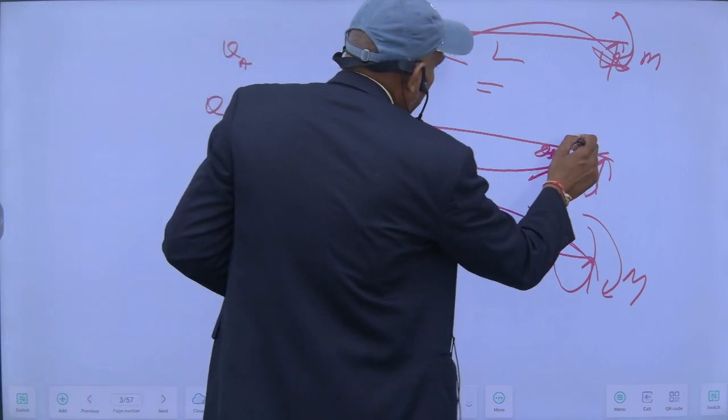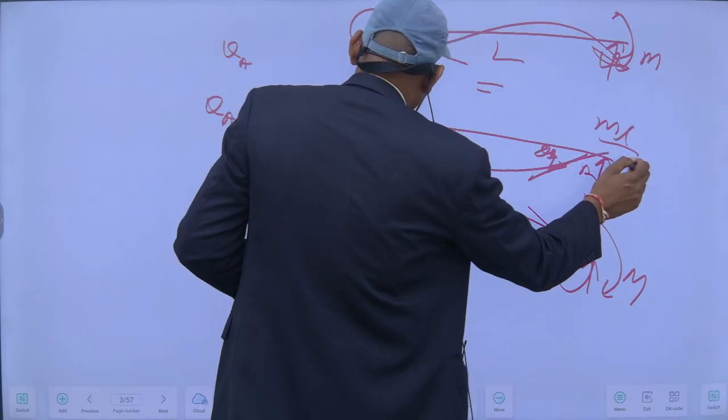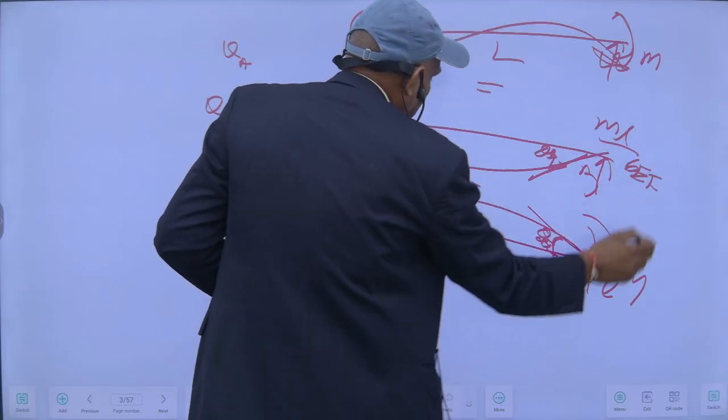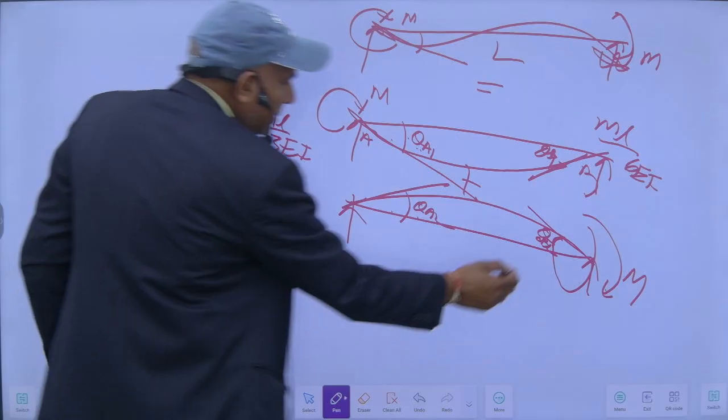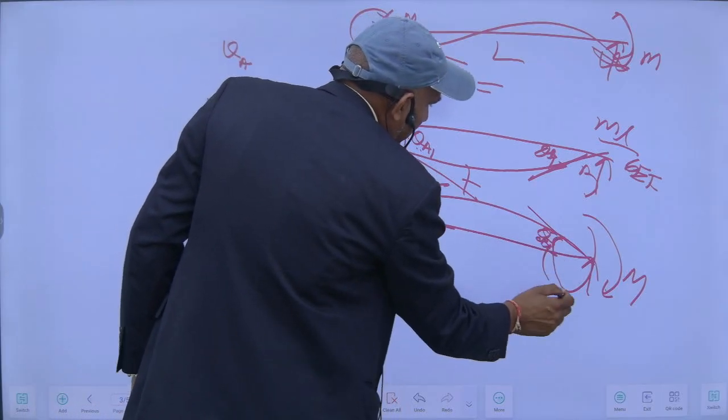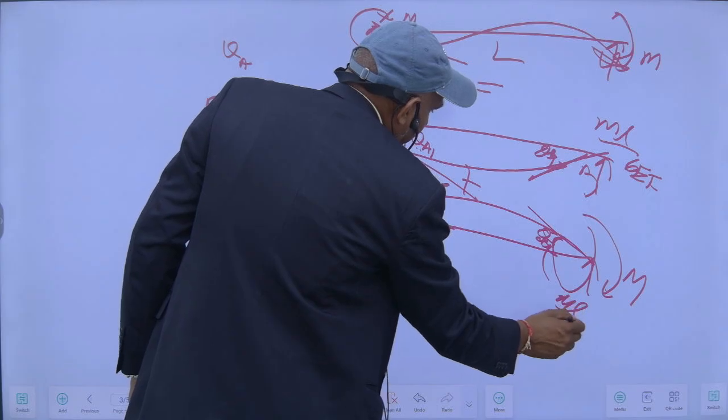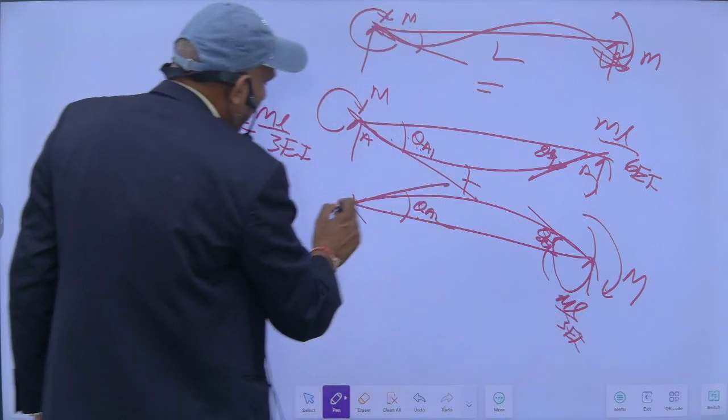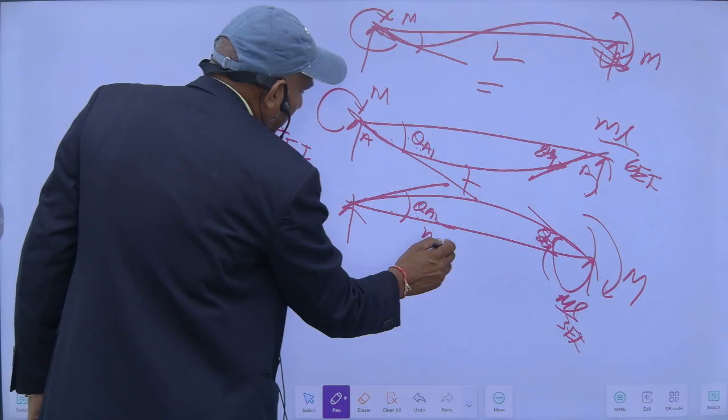So this theta B will be ML upon 6EI. Similarly, if this is M, then this slope will be ML upon 3EI, and half of this will come here, which will be ML upon 6EI.